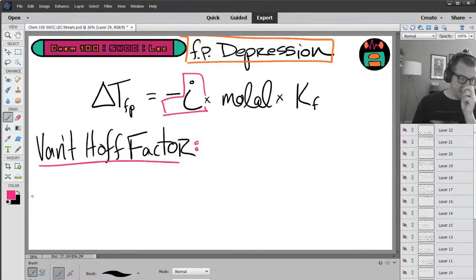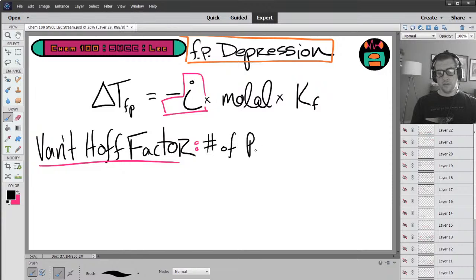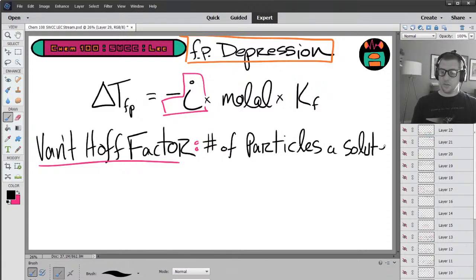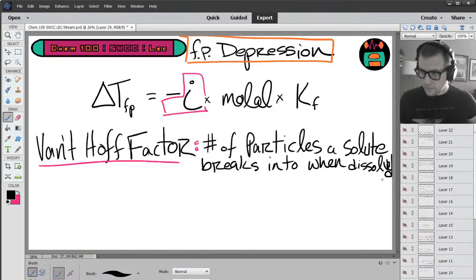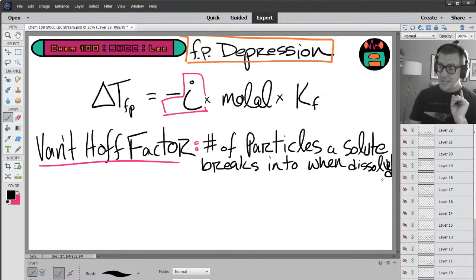All right, and the Vant-Hoff factor is the number of particles a solute breaks into when dissolved. All right. You might be going, Josh, you just told me the definition. I still have no idea what that means. And the Vant-Hoff factor is easier to illustrate with pictures than for me to tell you with words.